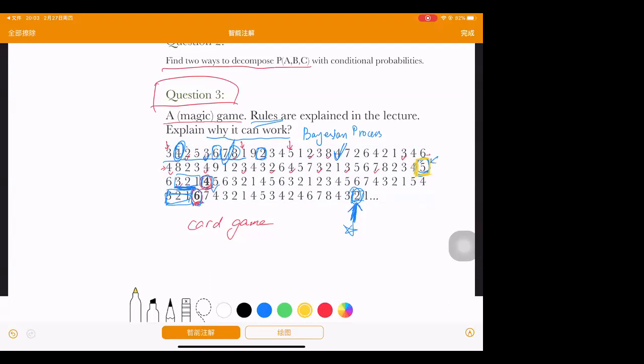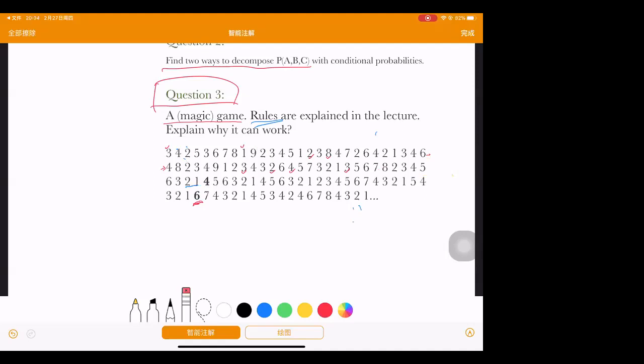I'm not guaranteeing 100% chance, but it's highly likely. The further you go, into the later phase, the higher the probability. Okay, I don't know whether I'm clear enough.